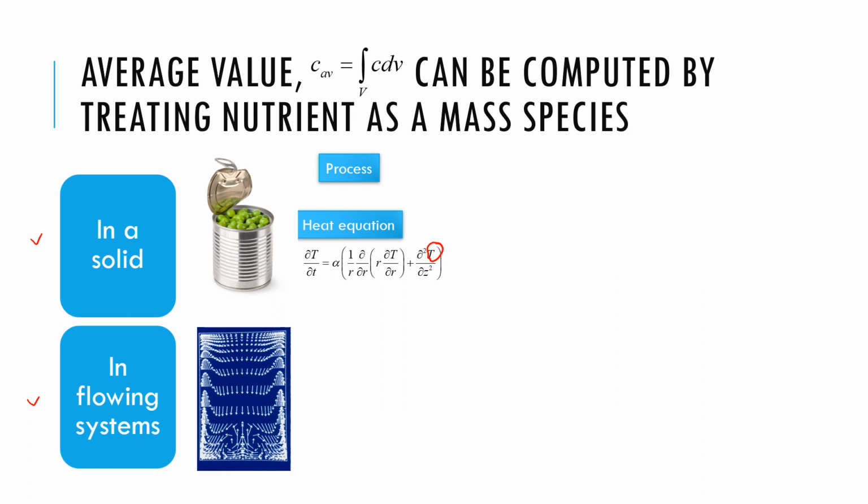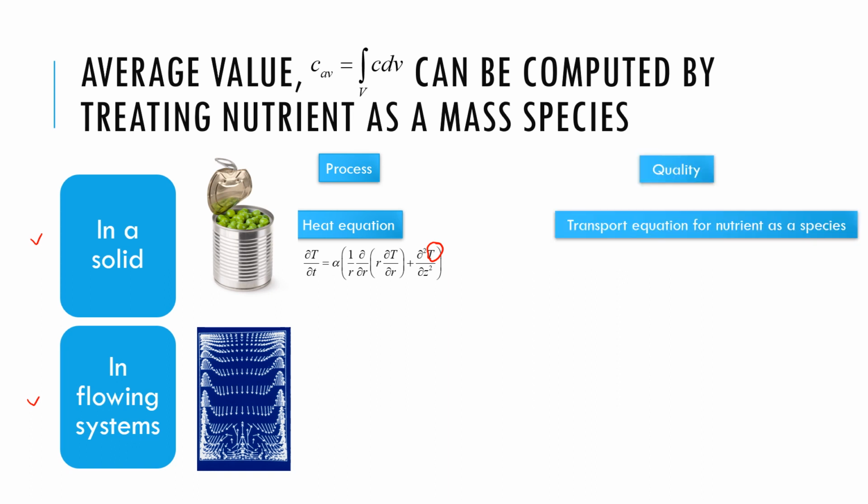So I want to combine this temperature with that kinetics. To do that, I will actually start from, interestingly, a transport equation, thinking of the nutrient, the vitamin C, as a species, and do the species transport equation or the diffusion equation for the nutrient.